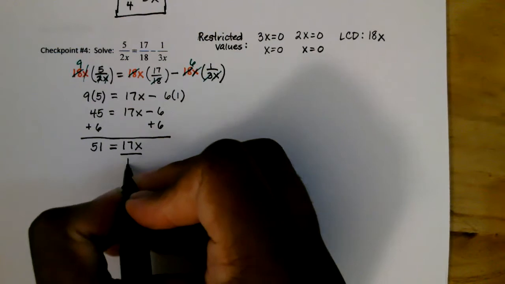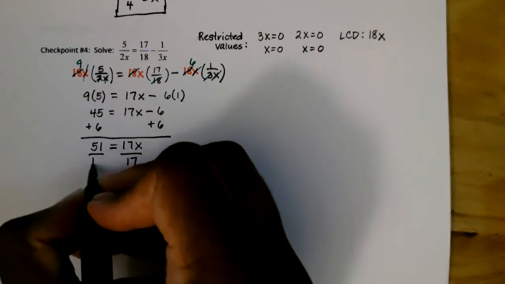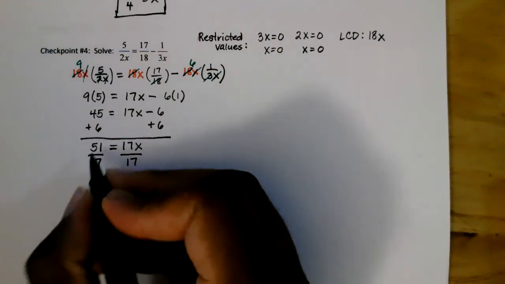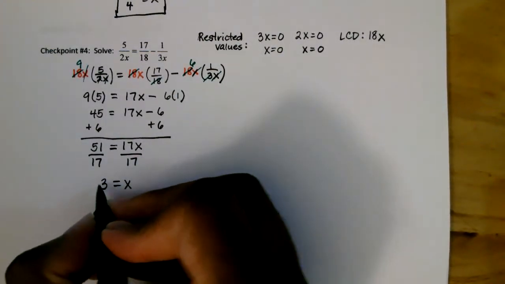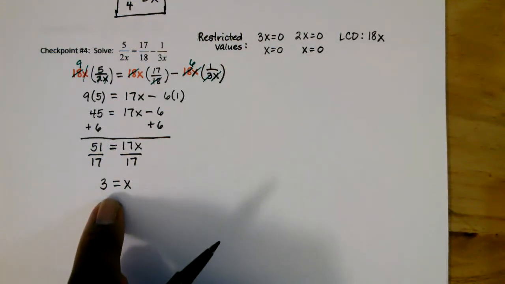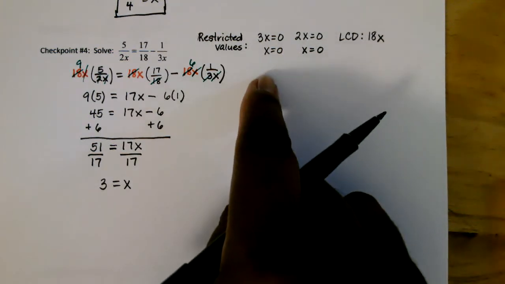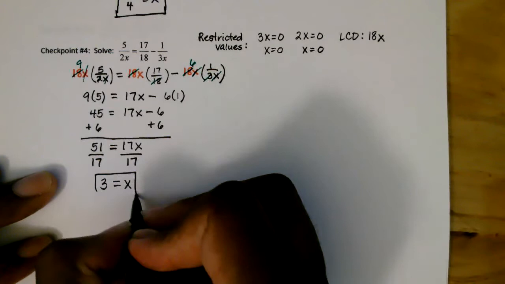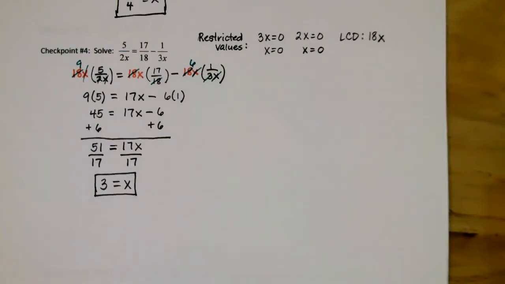So I need to divide both sides by 17. That means x is equal to 51 divided by 17 is 3. Now, compare that to our restricted value. Is x equal 3 our restricted value? It's not. So here, x equals 3 is the solution to that rational equation.